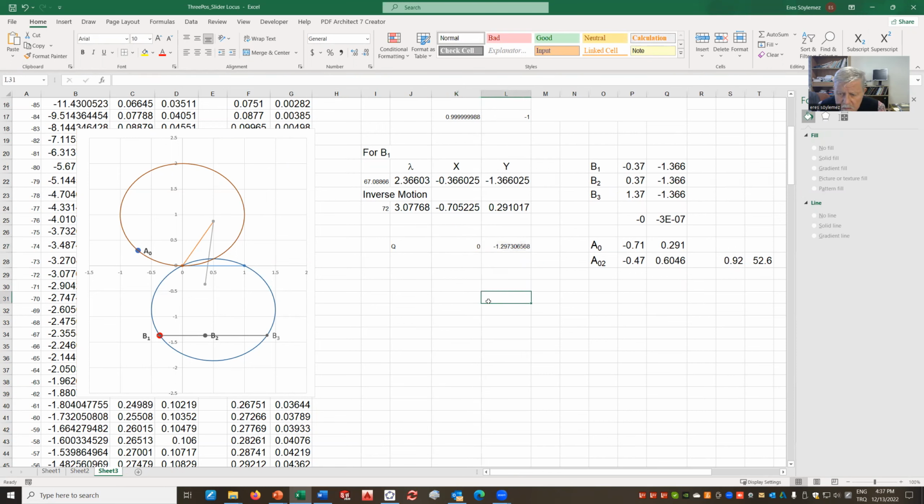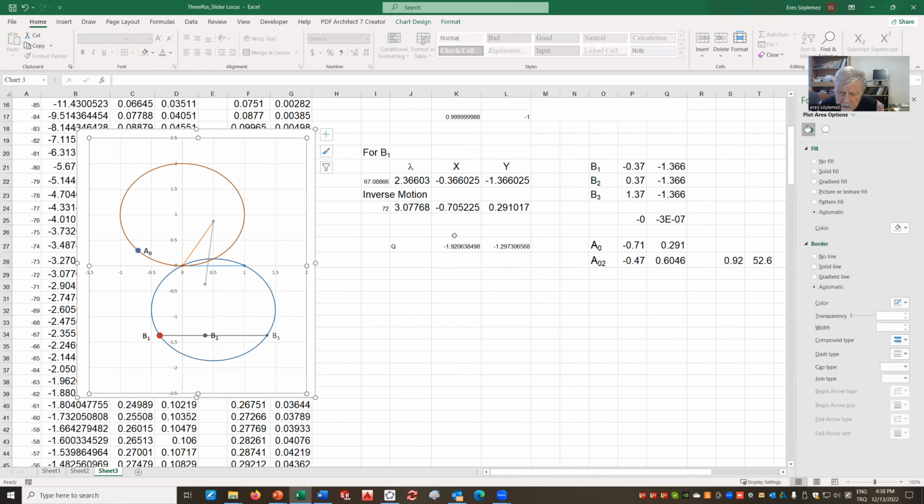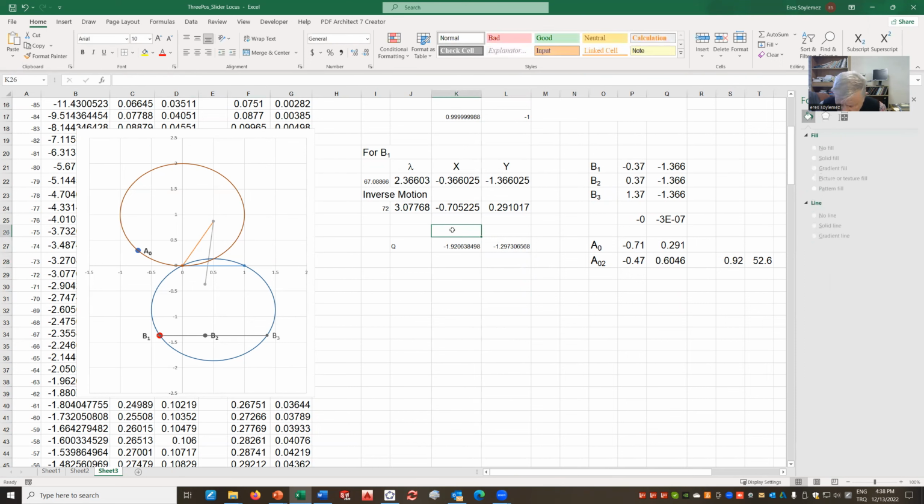And P0. Oh, I have written it wrong. Yes, now it's correct. Okay. So let me plot that point, and that line, first of all.